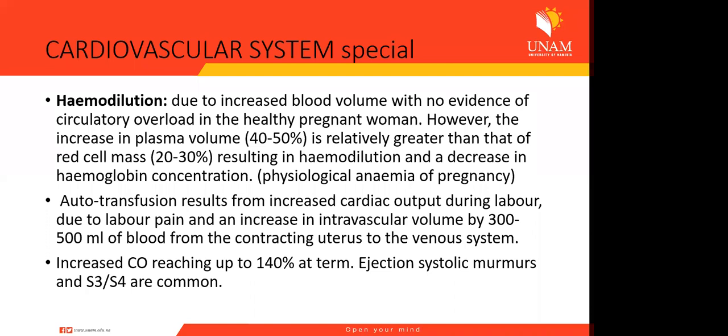Then there's what they call autotransfusion, which results from increased cardiac output during labor. Don't forget that cardiac output increases, and increases even more during labor. The increased cardiac output during labor, due to labor pain, leads to an increase in intravascular volume by as much as 300 to 500 ml of blood from the contracting uterus to the venous system.